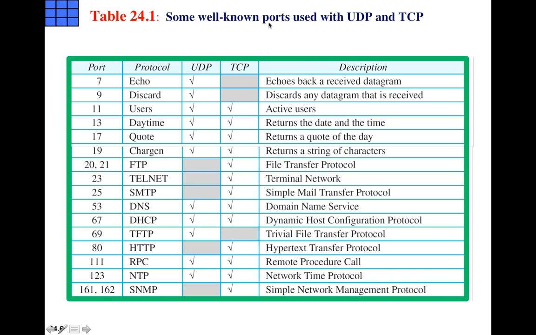So here are some of the common known port numbers. We have 20 and 21 for FTP, 23 for Telnet, 25 for SMTP, simple mail transfer protocol, 53 DNS, 67 DHCP, 80 HTTP, and 111 RPC.